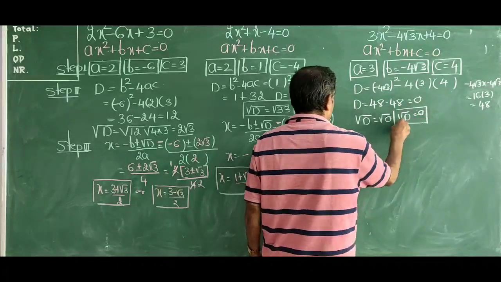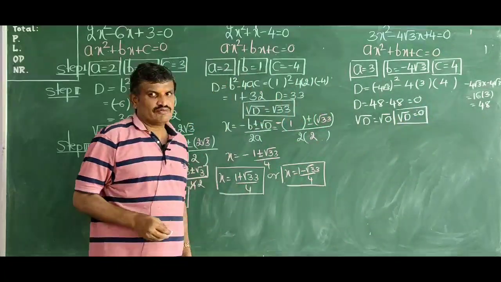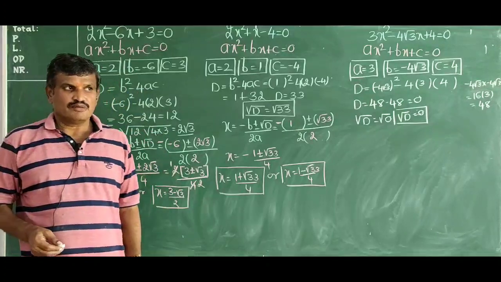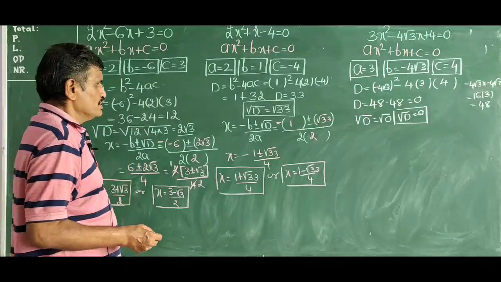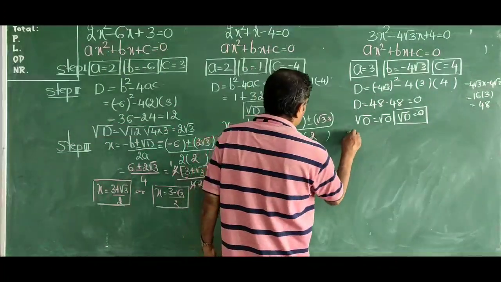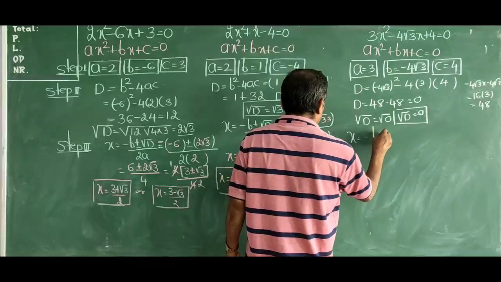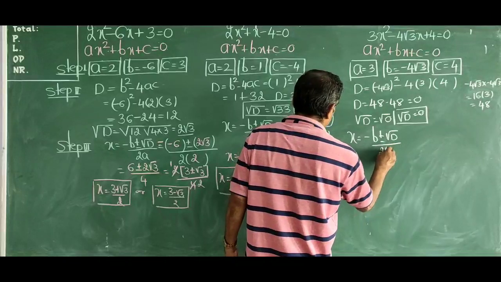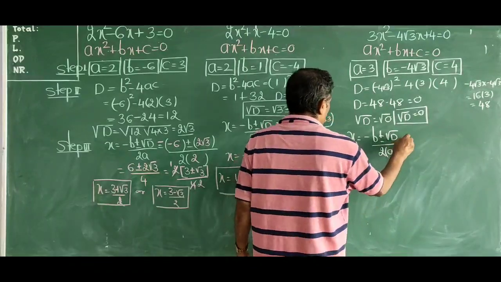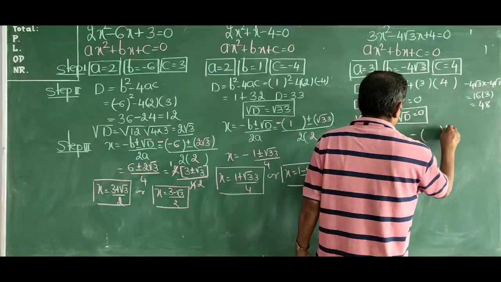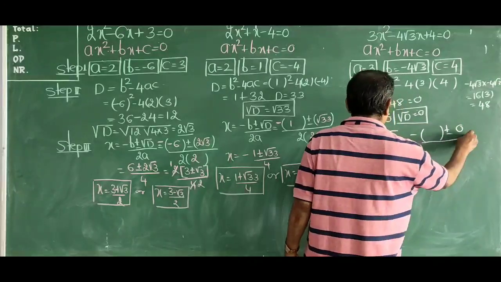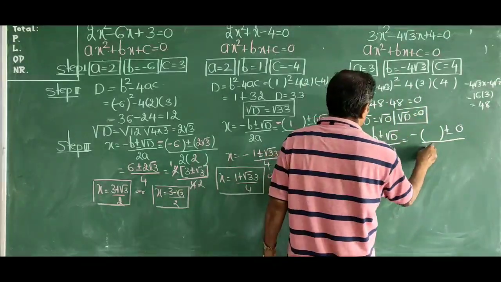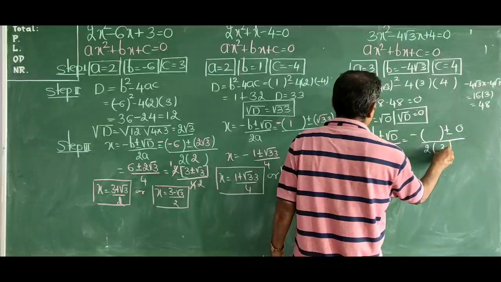So children, first step is over: find the values of a, b, c. Second step is find the value of root d. Third step is x equals minus b plus or minus root d divided by 2 times a. So minus b plus or minus root d is 0 and 2 into a is how much? 3.